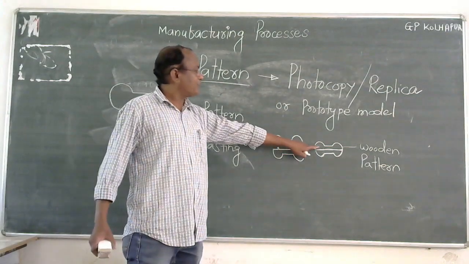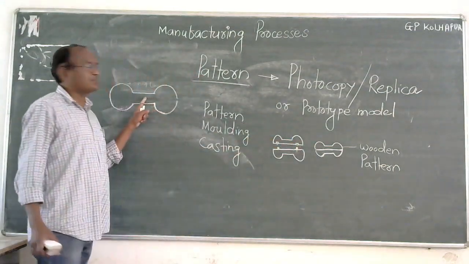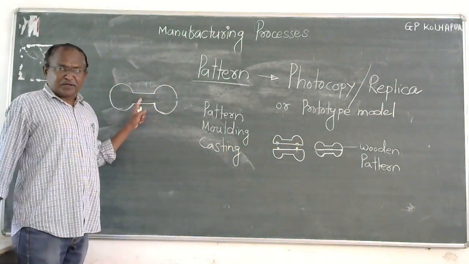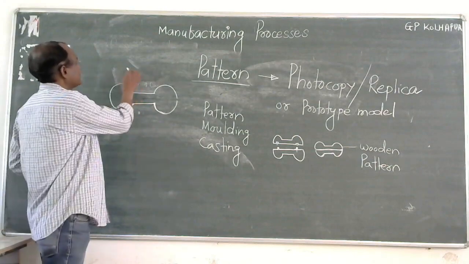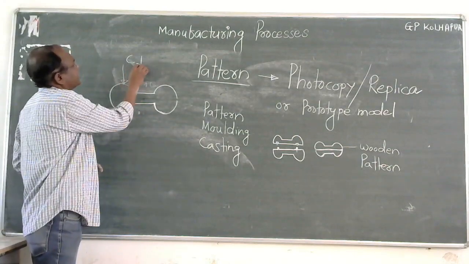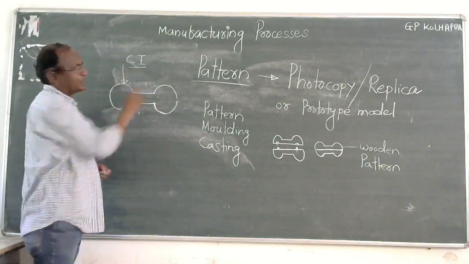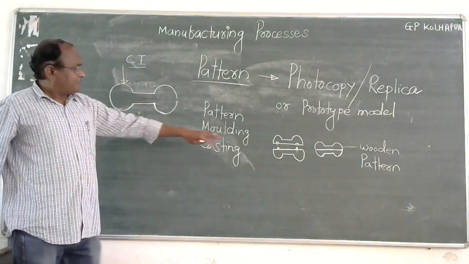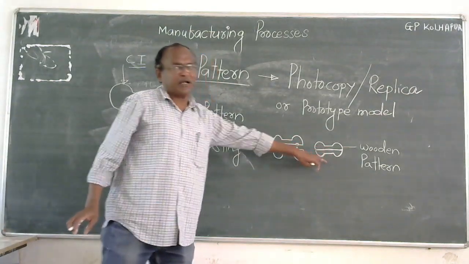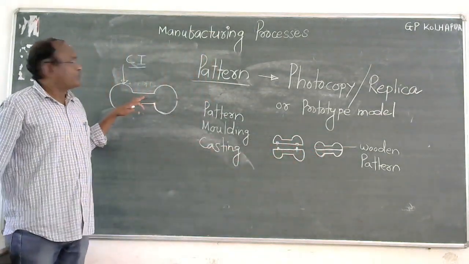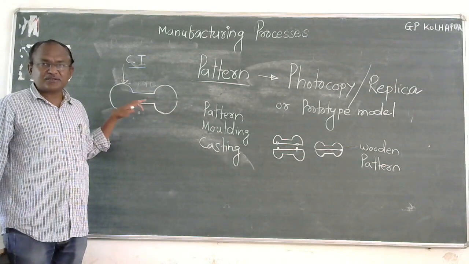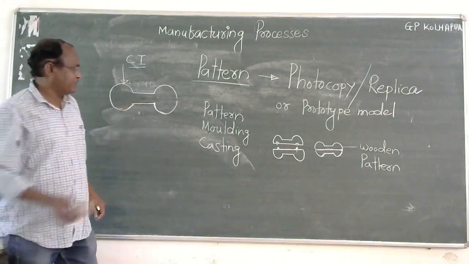Because the pattern is made of wood, you are going to manufacture the dumbbell from metal, suppose cast iron. Cast iron is the final material of this dumbbell. So from this one wooden pattern, you can cast a number of dumbbells, in large quantity.